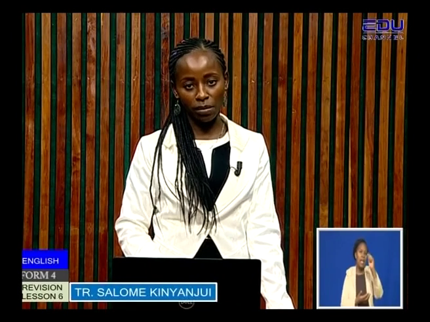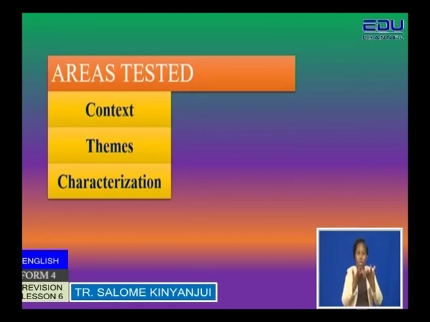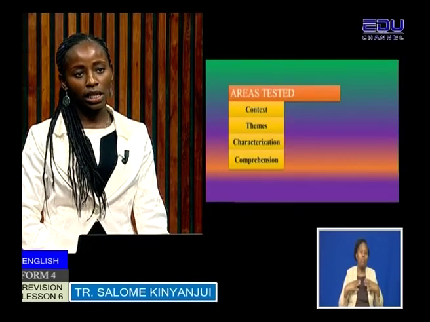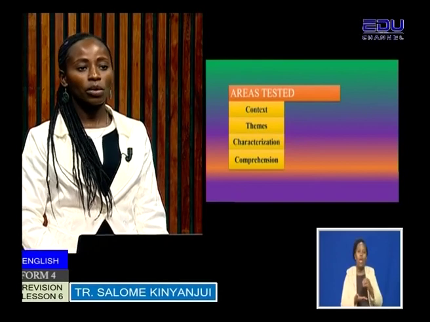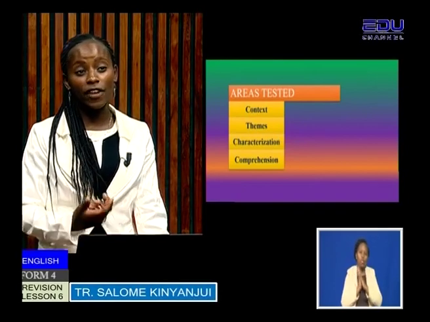Themes: the messages being brought out in the text. Characterization, whereby you are asked to describe the character traits of various characters in the text. Comprehension, your understanding of the story and the events as they unfold in the text.